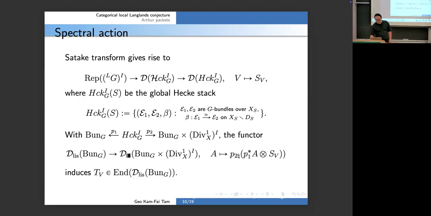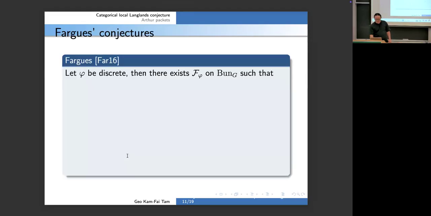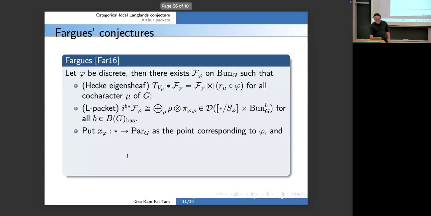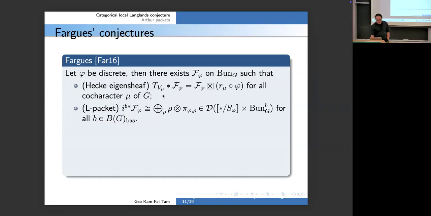This is still the first part. Let me go straight away to this statement. This is the last conjecture in the first part. If we have a discrete parameter, there's a sheaf on Bun, let me just call it a Fargues sheaf, such that there's a Hecke eigensheaf property and L-packet property.